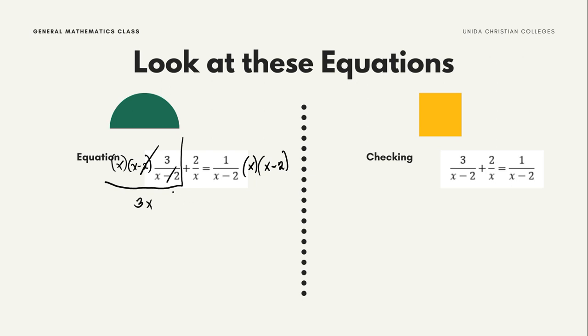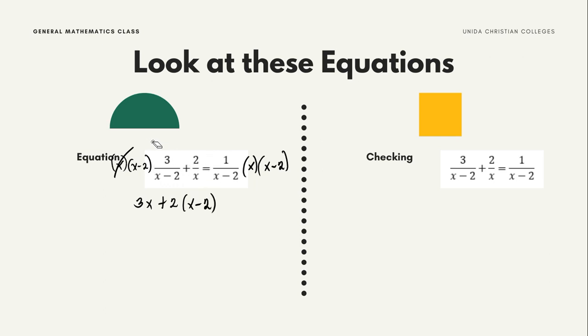Okay. Next, this second one. We have here x times x minus 2 times 2 over x. You can see they have the same term, which is x. So, cancel, cancel. What remains is 2 in the numerator, and x minus 2.